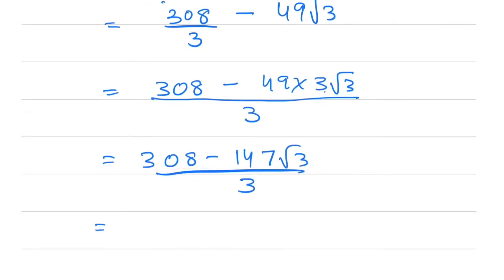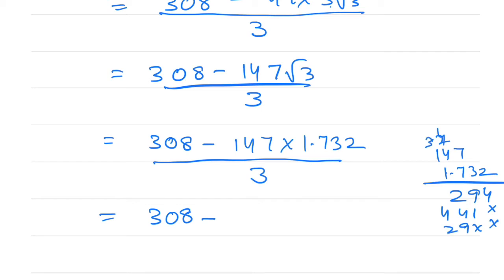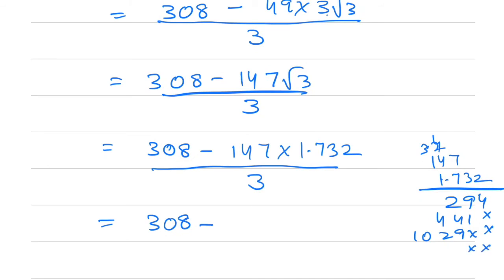I can keep calculating. So 308 minus 147 into 1.732. 147 into 1.732 will be 254.604.